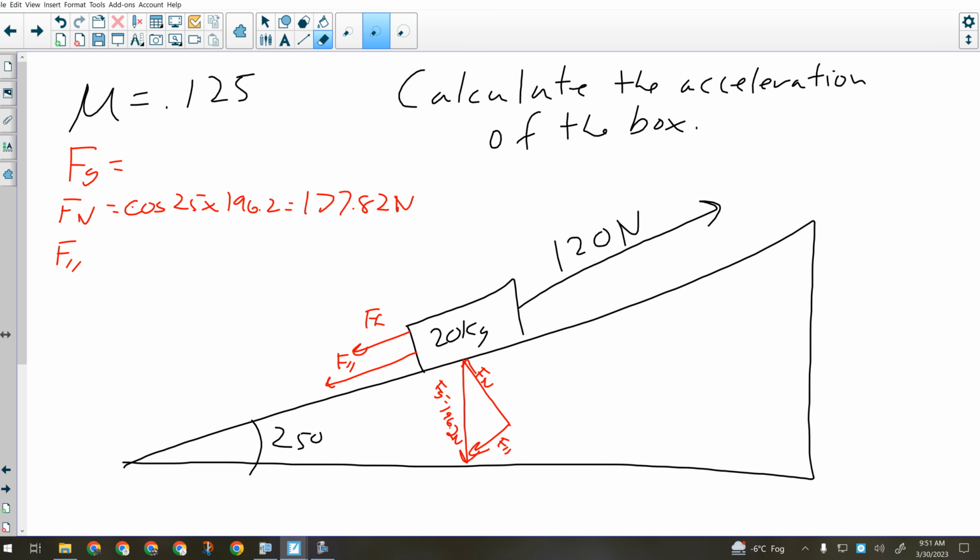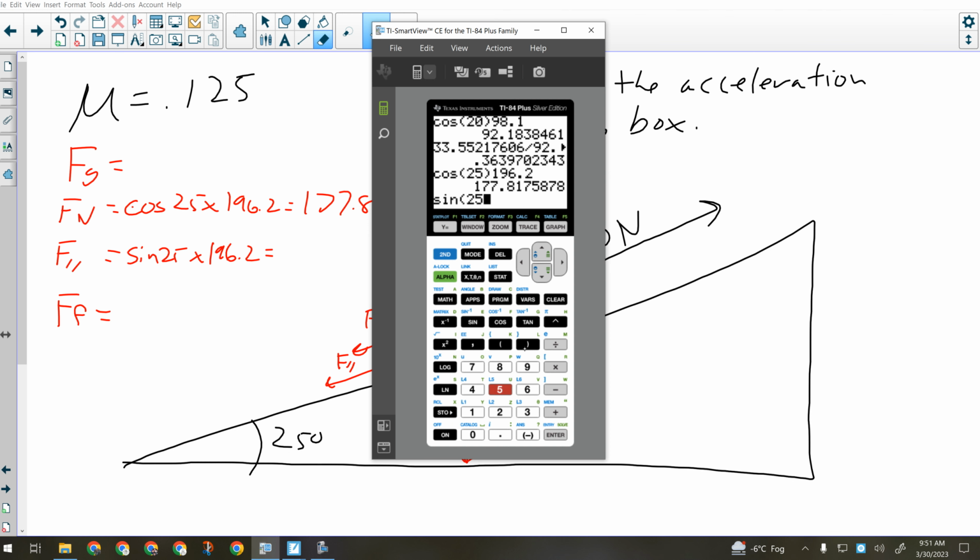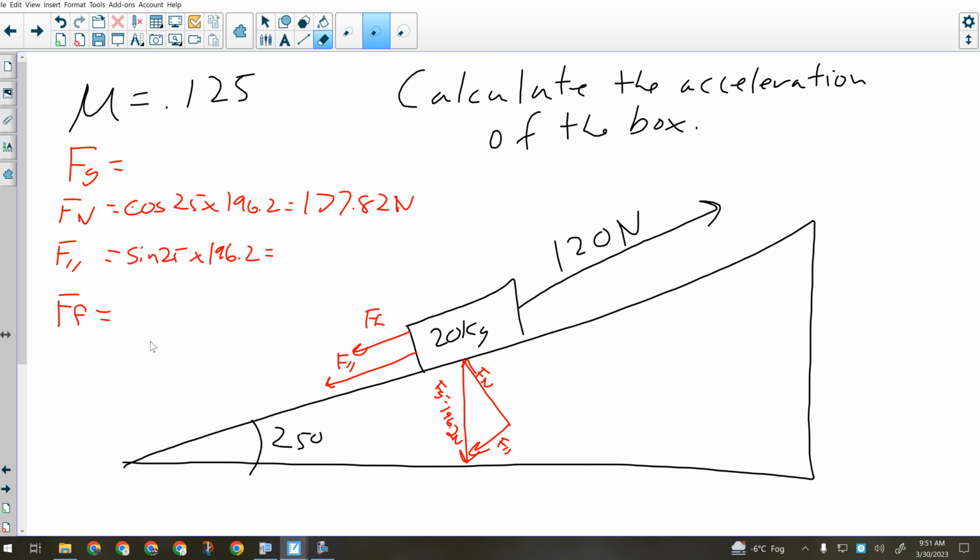I'm going to use that to get the force of friction in a minute. F parallel is going to be the sine of 25 times 196.2, which is 82.92.